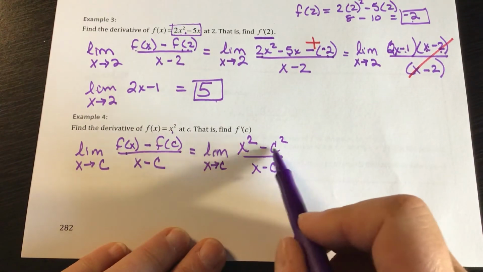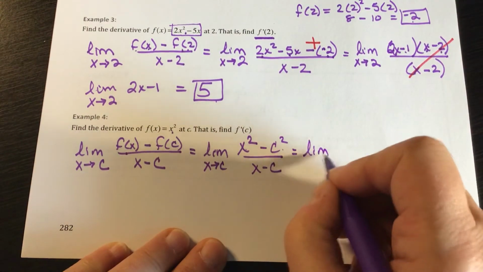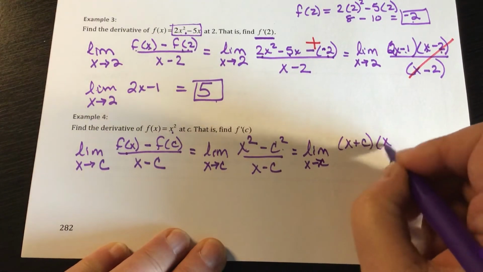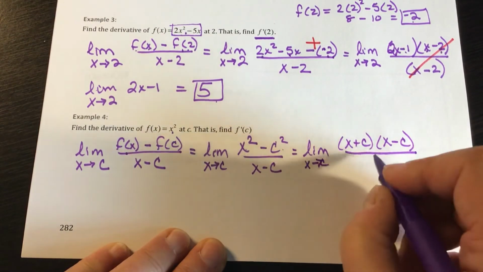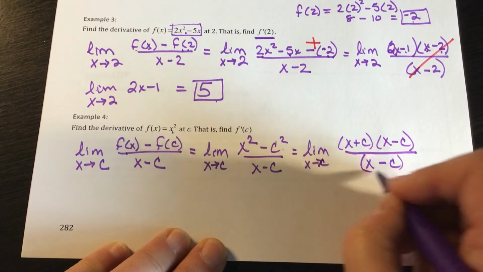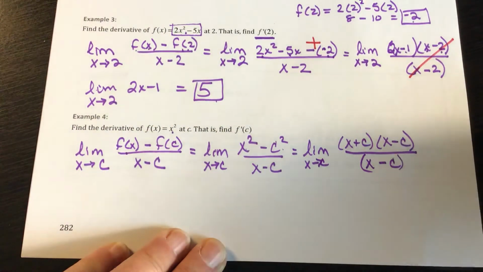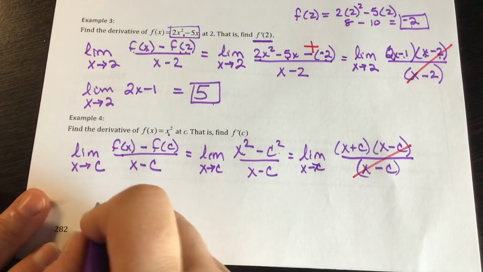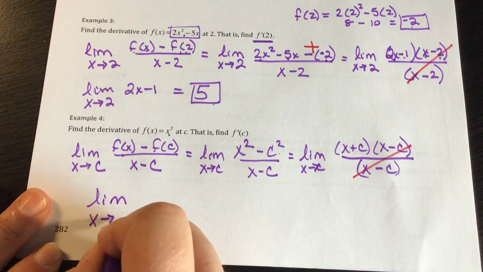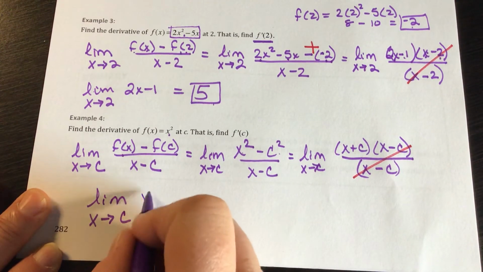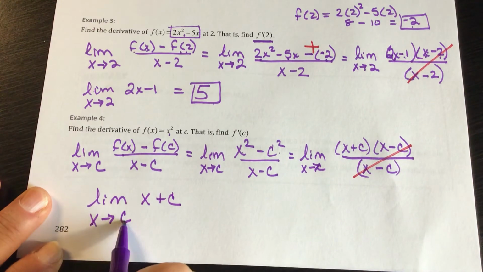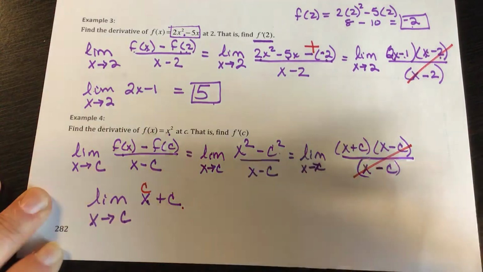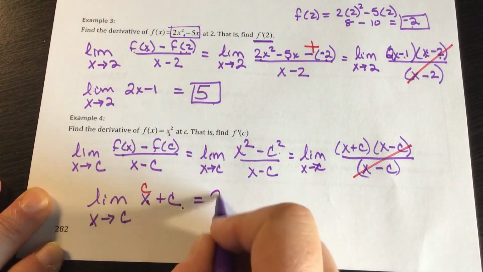And then I can factor the top, and that would be x plus c and x minus c over x minus c. Again, this is just a generic formula. If I cancel here, I have the limit as x approaches c of x plus c. Now if I plug in c for x, this is going to be c plus c, which would be 2c.